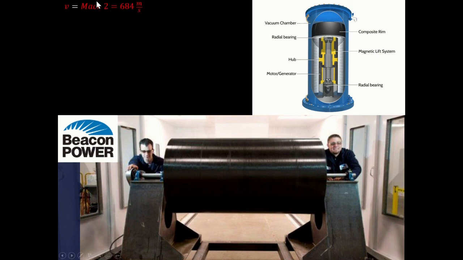And it's spinning so fast, about Mach 2, its tangential velocity is about 684 meters per second. It's going crazy fast. It has a mass of about 200 pounds mass, LBM, which is going to be about 90.9 kilograms. And it has a radius. We'll find out here that it doesn't matter what the radius is. Because it was a ring, it was just mass times radius squared, not 2/5 or 1/2.